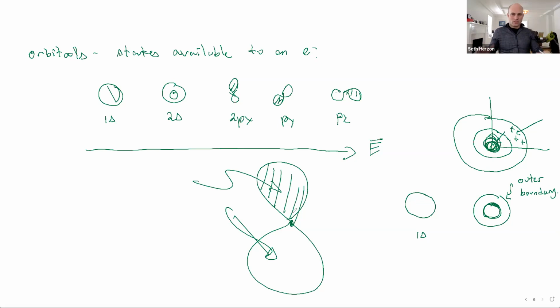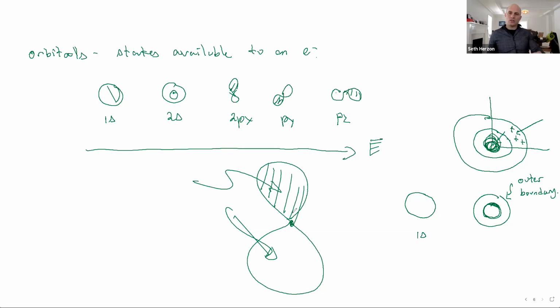You don't have negative probabilities, obviously, but the sign of the wave function changes, and it's always going to change when you pass through a node, okay? And the electron doesn't care. The electron is as happy in the shaded as the unshaded region, okay? The reason this gets to be important is when we start to talk about bonding.